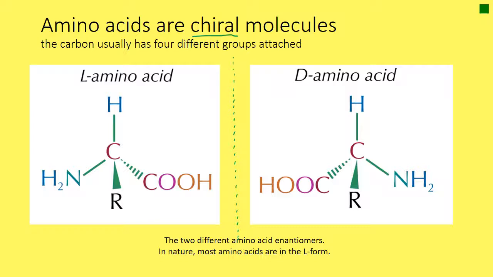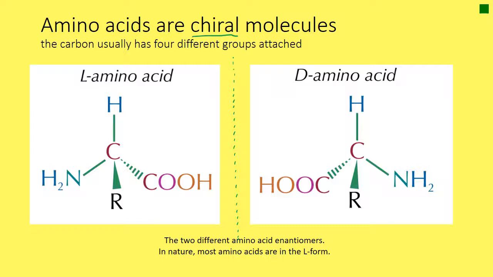So this is an L-amino acid, whereby we've got our central carbon atom, and we've got our amino group on the left and our carboxyl group on the right. And then we have the same amino acid, but this is called the D-amino acid.